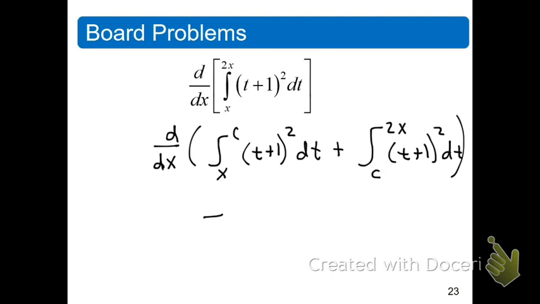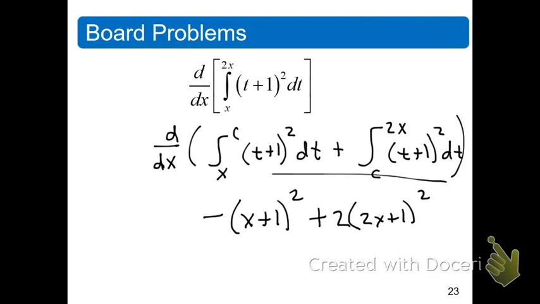I'm going to plug this x that's up here into here, so it becomes (x plus 1) quantity squared, and the derivative of x is 1, plus I'm going to plug in the (2x plus 1) quantity squared times the derivative of 2x, which is 2.